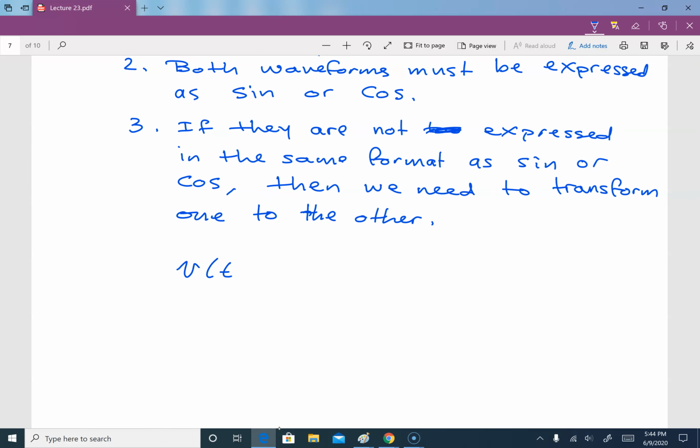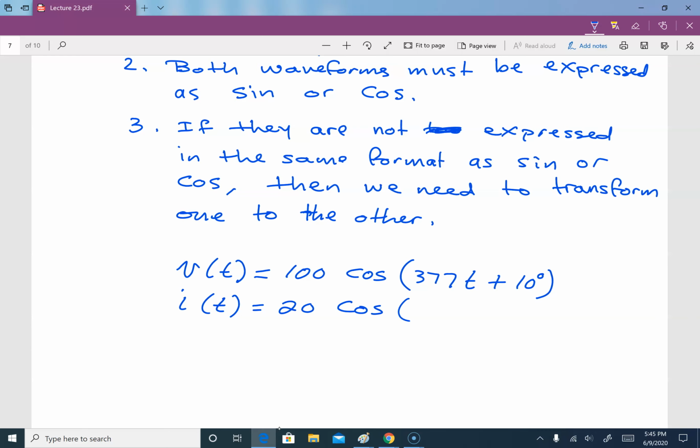If I have V of t equal to 100 cosine 377t plus 10 degrees, and I of t to be 20 cosine 377t minus 50 degrees. The first thing to compare these two waveforms, I have to look at the following. The voltage here is expressed in cosine, the current is expressed in cosine. So we are fine for the expressions. Now we look at the frequency.